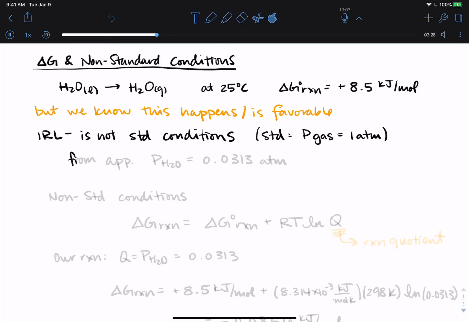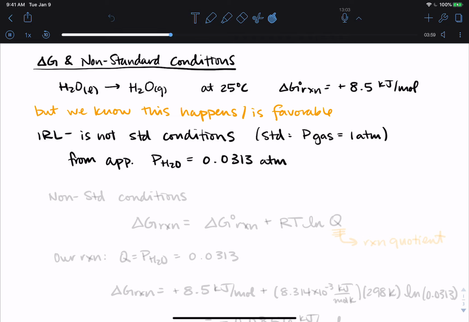So if we go to the appendix, if we're under normal conditions at 25 degrees Celsius, the pressure of H2O is 0.0313 atmospheres. Now, some places list this in torr. If it's listed in torr, you would convert this to atmospheres just by dividing by 760. So much less than 1 atmosphere.